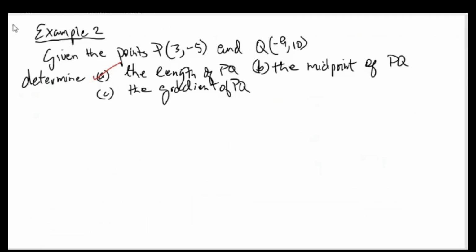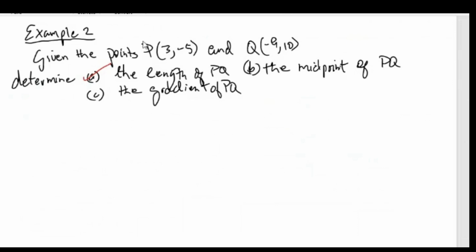What I'm going to do is label the points with the coordinates x1, y1, x2, y2. And then I'm going to look at what I'm trying to work out, which is the length of the line. So I call the formula. The length of PQ. So you're going to write PQ.